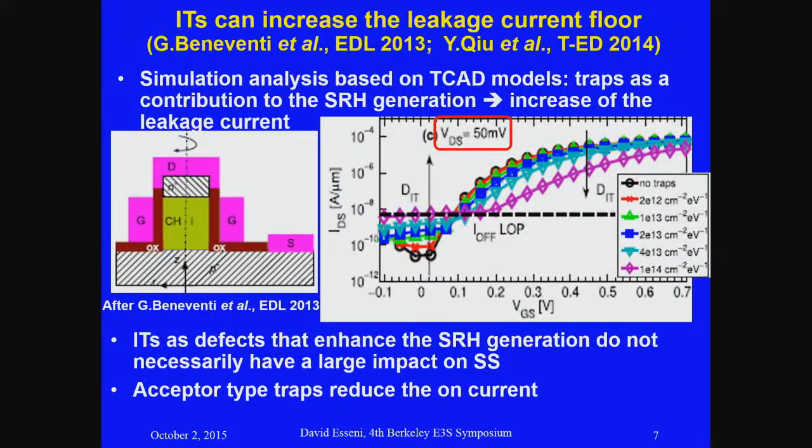If you increase the trap density, you essentially increase this noise floor, essentially because here interface states are considered as defects that enhance the conventional Shockley-Read-Hall generation. They do not have necessarily a big impact on the subthreshold slope, as you see here, especially for not too large densities, okay?